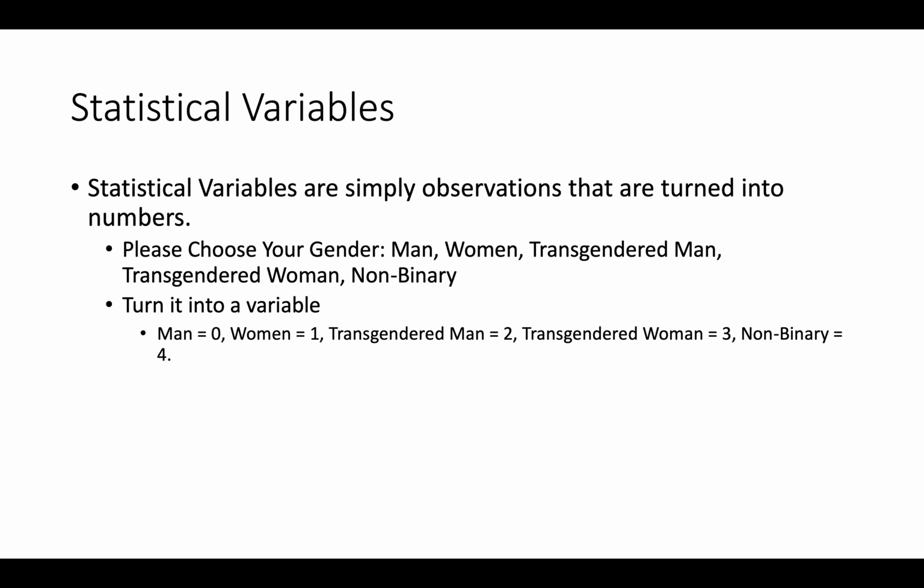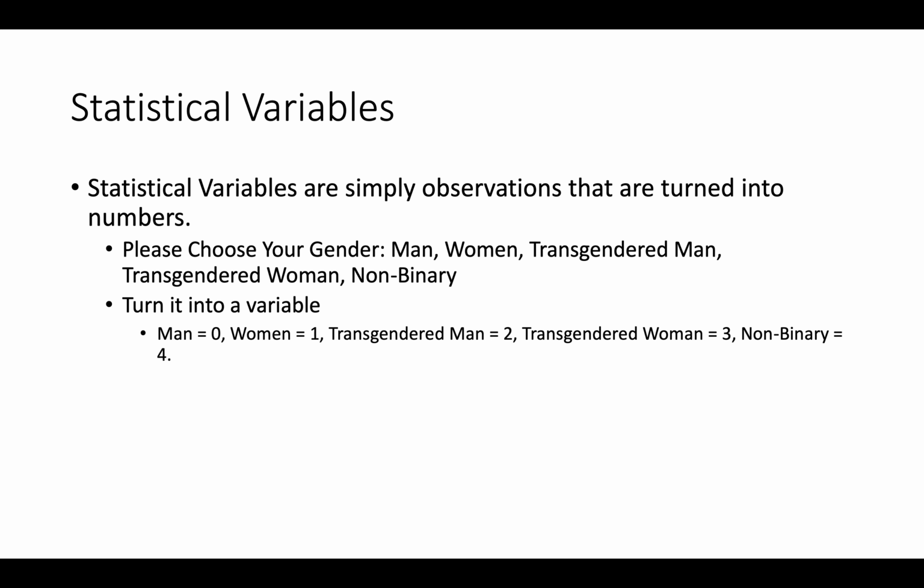So in order to do any statistics, we must turn our observations into numbers. If it cannot be converted into numbers, then you can't use it in psychological science. Not really, not with the statistics we use. So take, for example, gender. In order to run statistics on this variable, I have to assign numbers to each different gender, right?